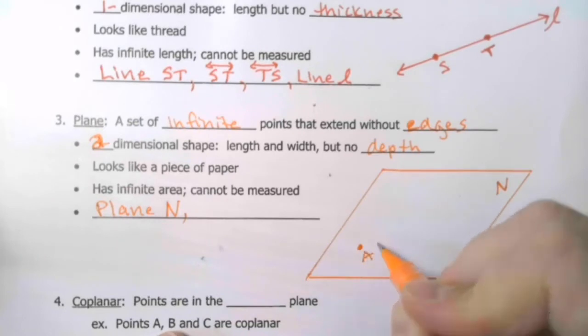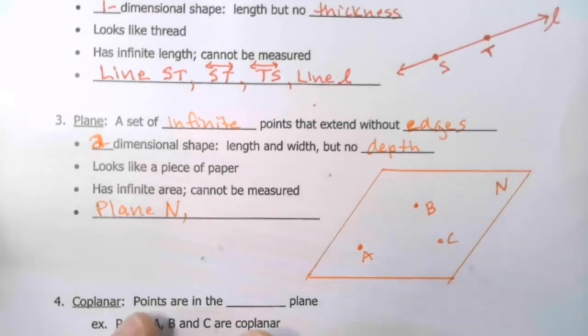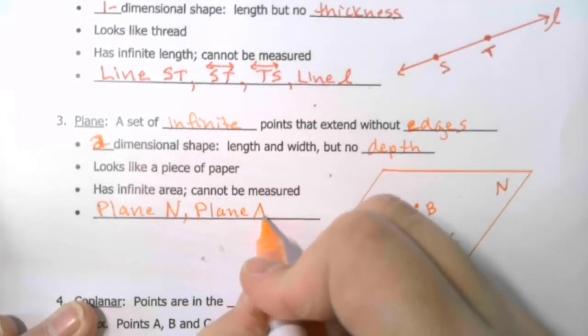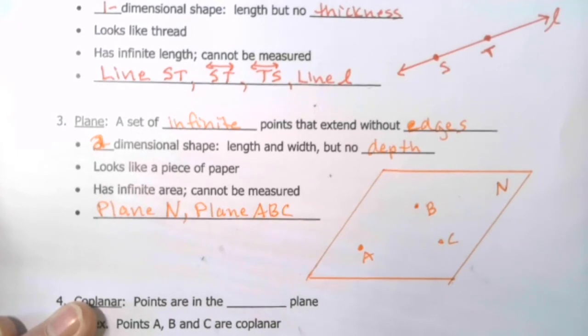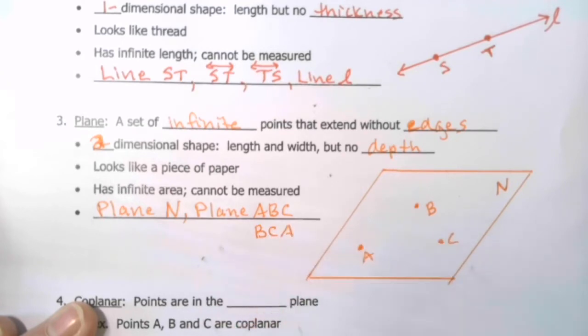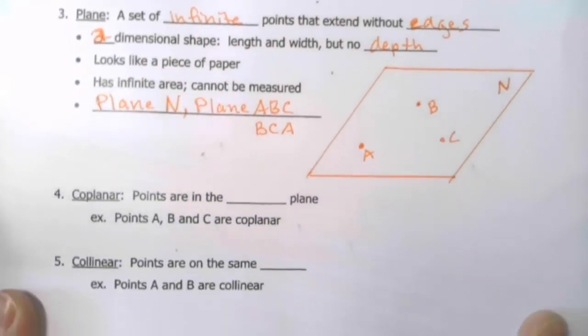So we're going to label A, B, and C, which means we can now name this plane ABC. Now you can also mix up the letters. It could be BCA. So there are actually several ways you can name a plane because you can switch the order of the points. So that is a plane.